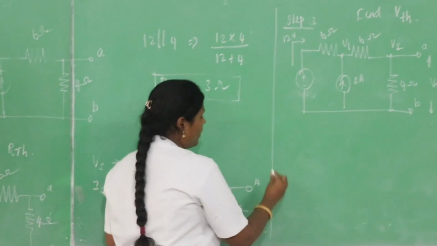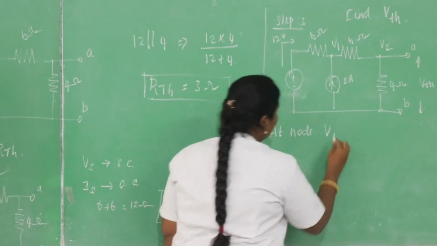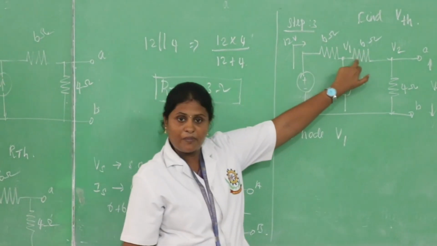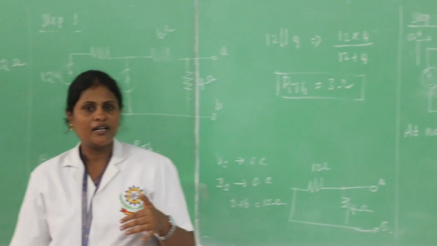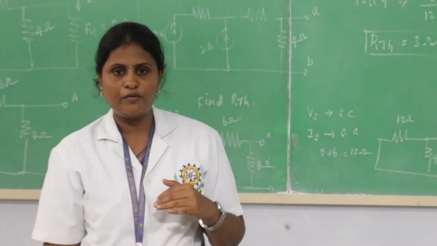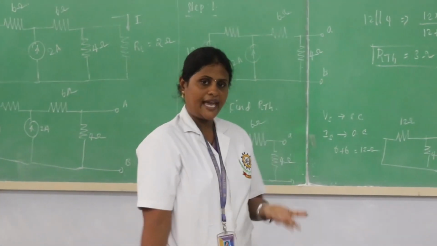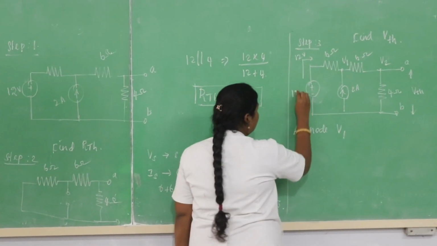Okay. Now, I am applying nodal analysis to the node V1. Nodal analysis is similar to Kirchhoff's current law. We know that Kirchhoff's current law means incoming current is equal to outgoing current. The same method is applied here. So, this is the 12 volt.